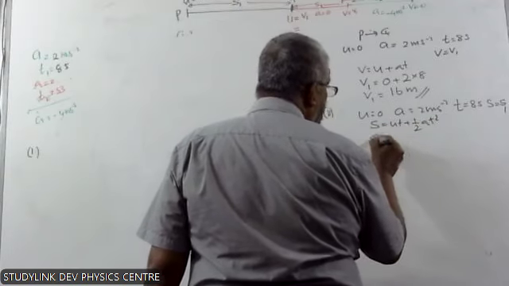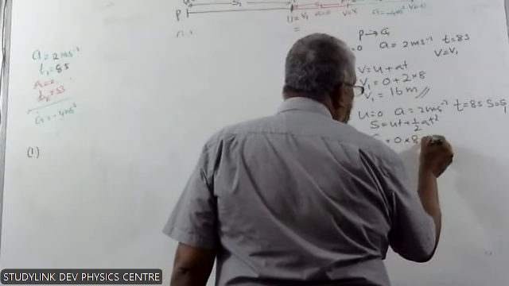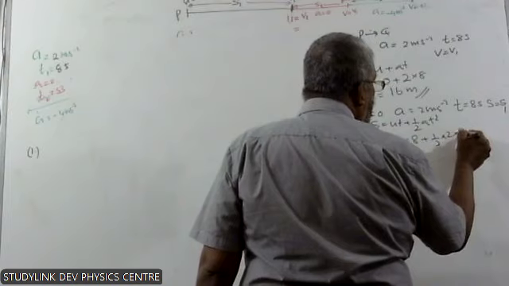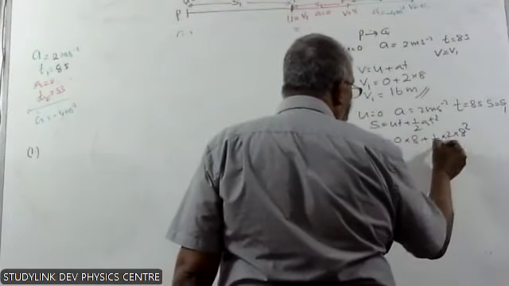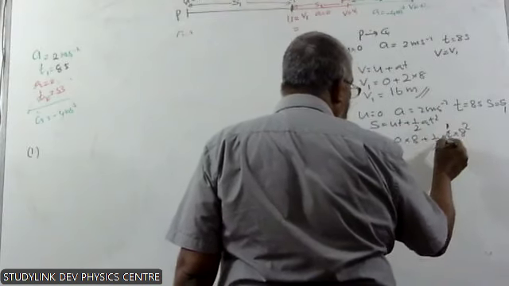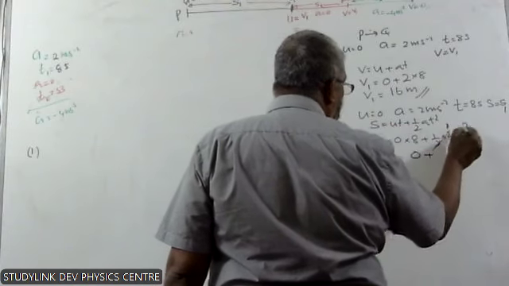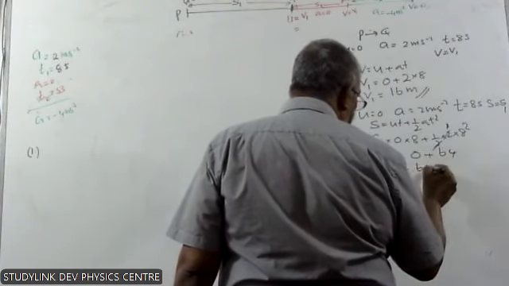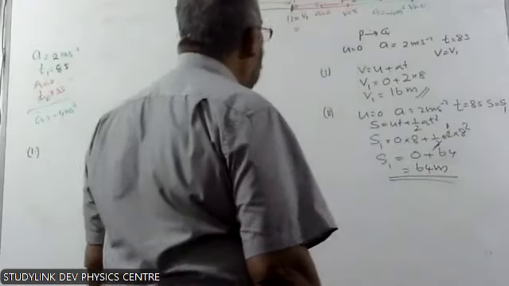Then S1 is equal to 0 into 8 plus half into 2 into 8 squared. Then S1 is equal to 0 plus 8 squared, means 64. Answer is 64 meters. First journey is over now.